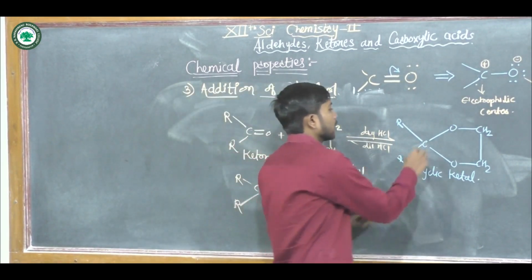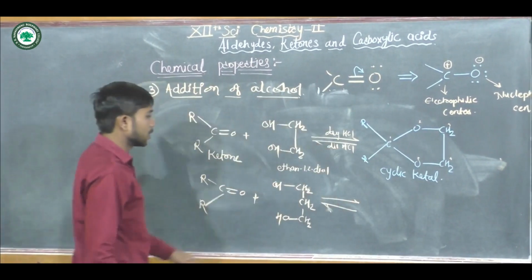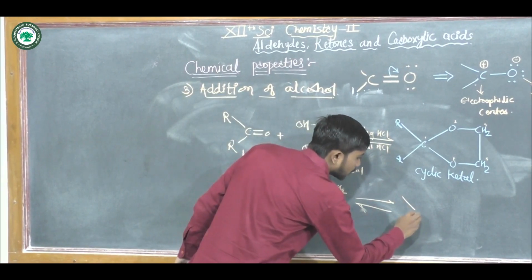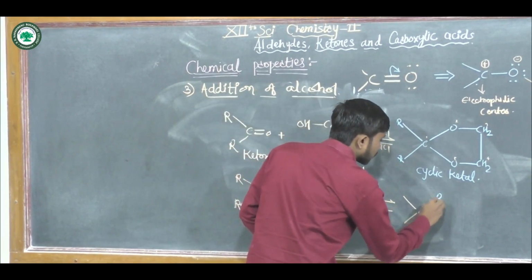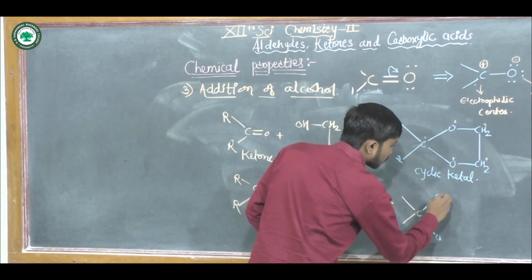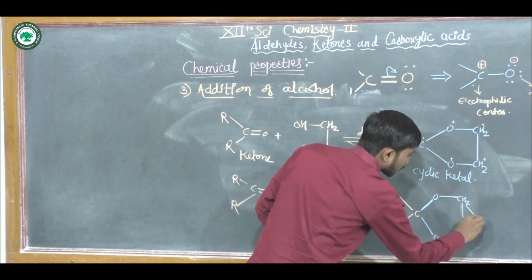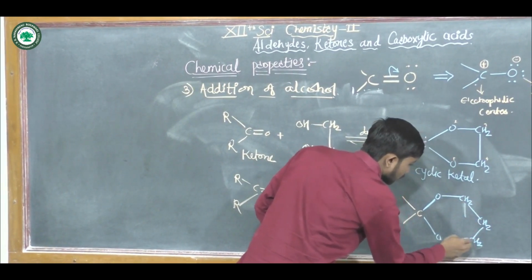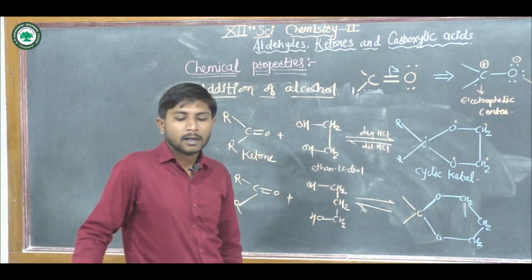It is a 5-membered ring, the first, second, third, fourth and fifth. In this case, that will be the 6-membered. Likewise, this will be the cyclic ketal.